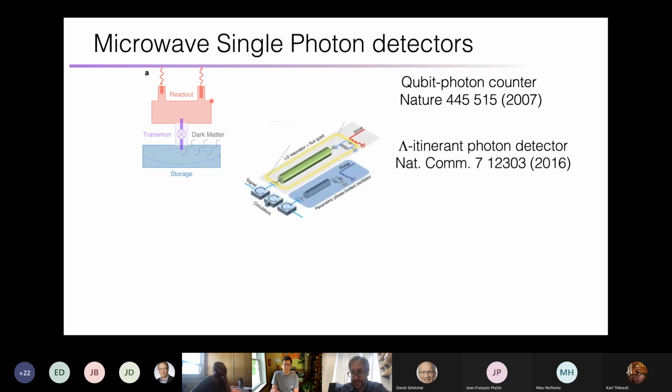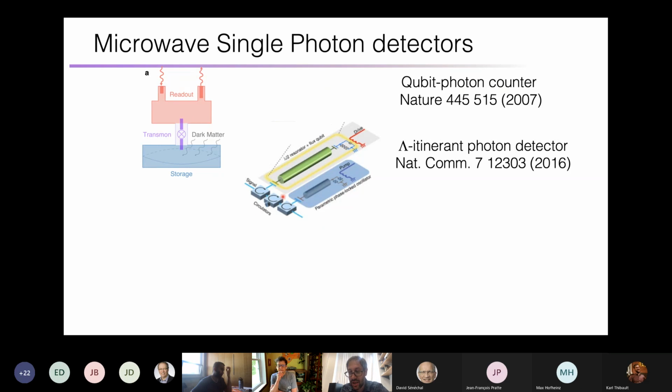This one also uses a qubit, and instead of having a photon in a cavity, you have a photon that just comes in on a transmission line and bounces off of a qubit. It's kind of a funny story with this type of detector. Maybe I'll tell you in a second.